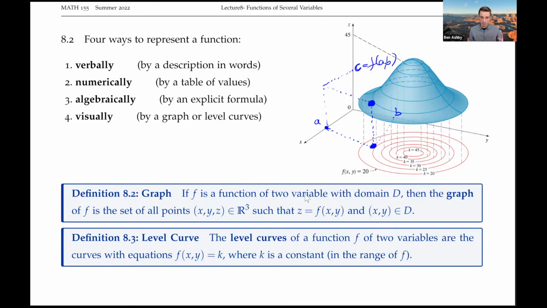We can also look at these level curves that I mentioned at the start. Think of these as being things like contours on a map representing the height. These level curves that are projected down onto the xy plane tell us when our height is equal, first of all, here, to 45, or 40, or 35, 30, and so on. So here we could roughly tell that we're just below this level curve here, where k is equal to 25.